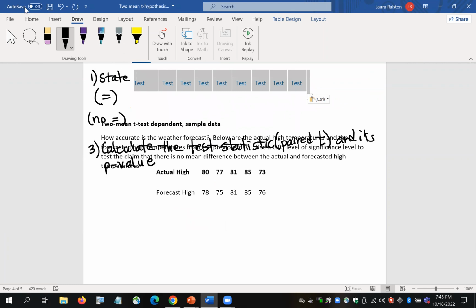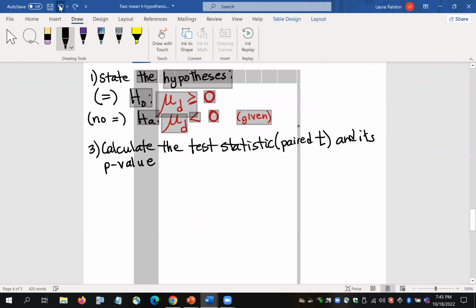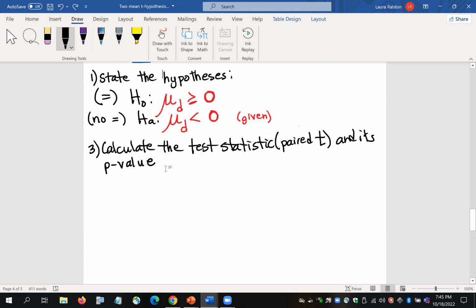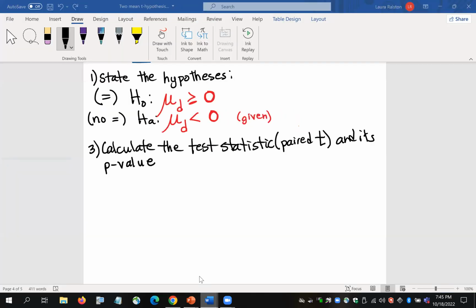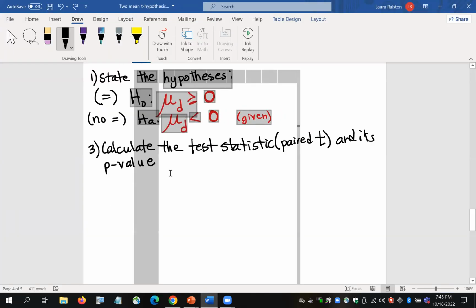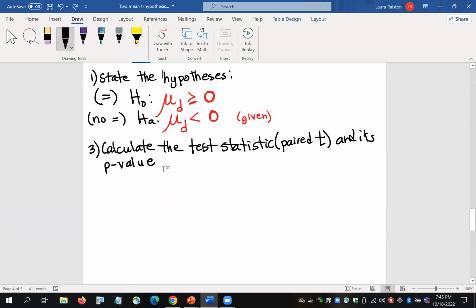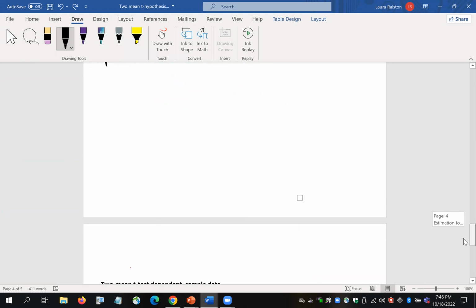Oh no, where did it go? Okay, let me get this copied. Oh, you're doing something wonky on me, aren't you?